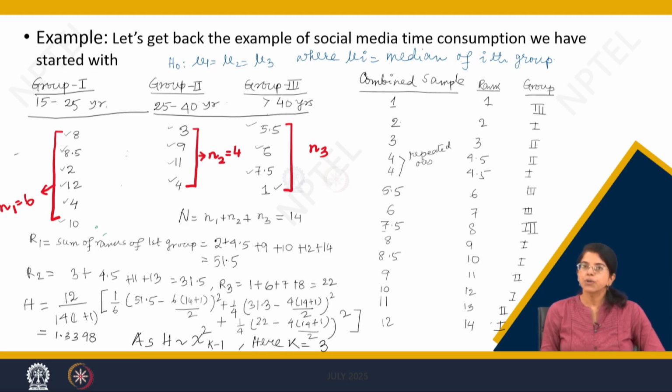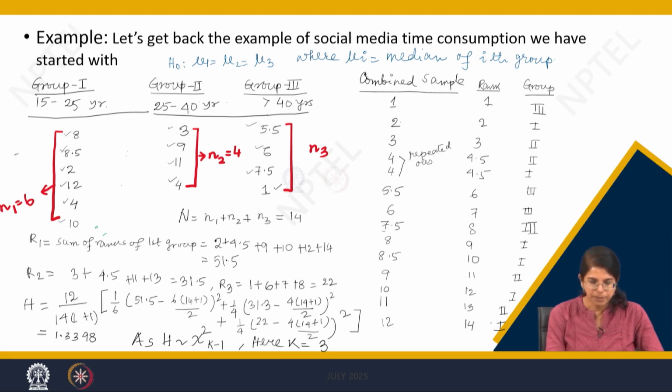Okay, let us have a quick look over how we can solve manually in case we are being asked. So, combined sample, there are 3 samples, combined sample will be 1, 2, 3, 4. What are the ranks? There are repetitive observations, 4 is the repeated observation.